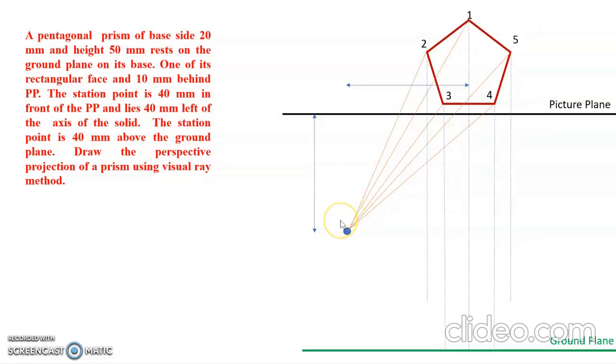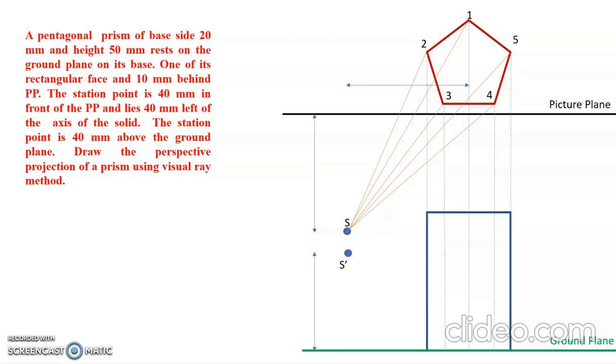So now I have fixed the station point. Now I need to fix the ground plane. So this is S1, the station point 1, and the station point 2 should be drawn. You have to fix another station point at a distance of 10 mm.